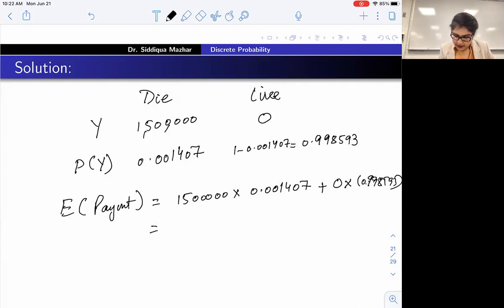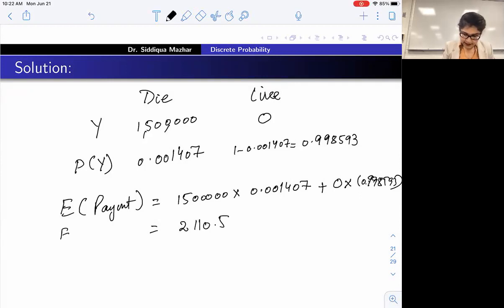So what will be the value of 1500000 times 0.001407? This is 2110.5.